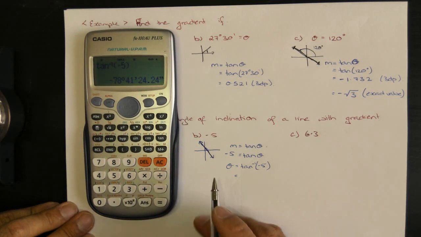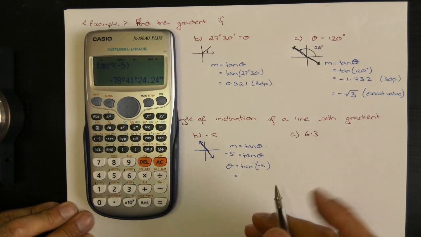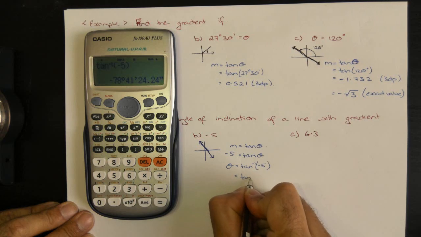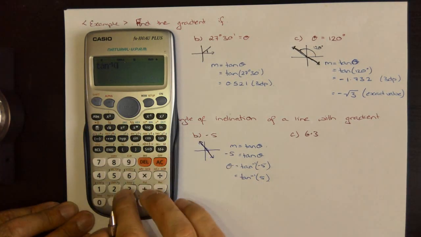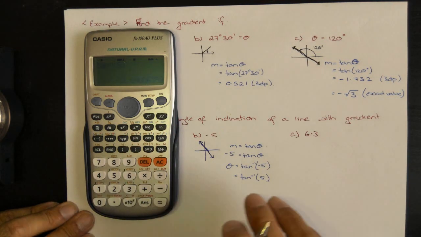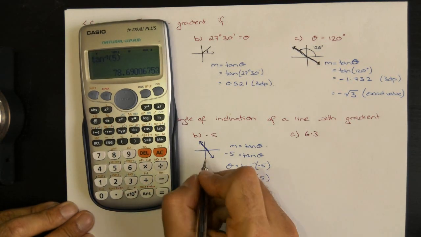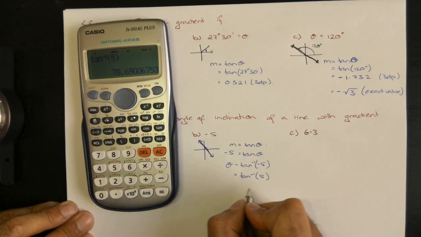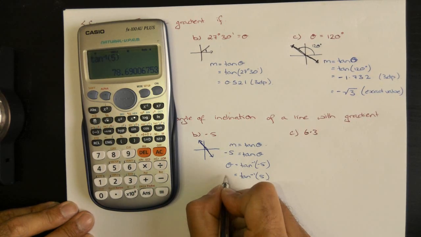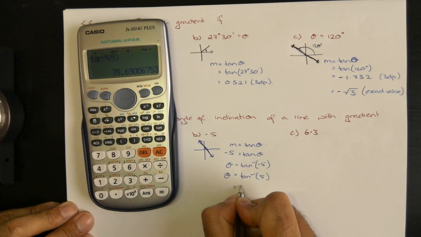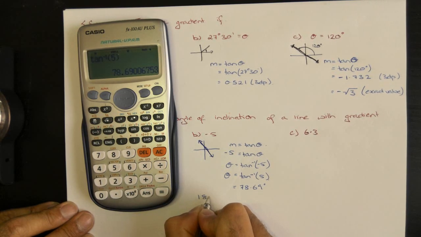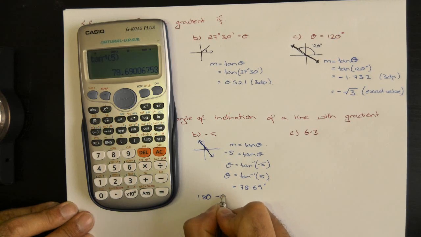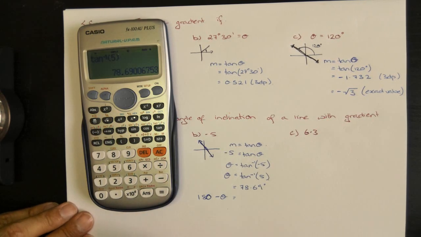So I'm going to ask you to think, what if we pressed, instead of negative 5, tan of 5. What we're going to do is subtract this from 180 to get our real angle.